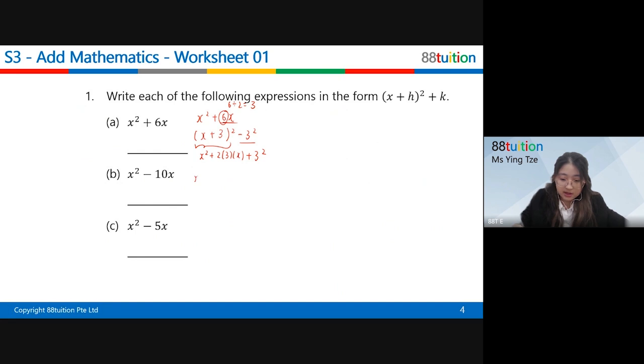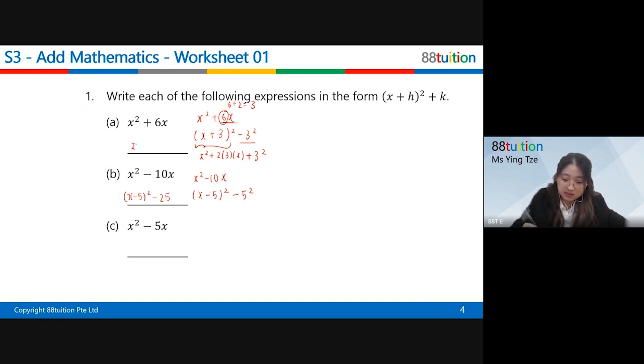So x squared minus 10x, same thing. x minus 5 square because 10 divided by 2 is 5. And then minus of 5 square, minus of the third term in our expansion. So we get x minus 5 square minus 25.